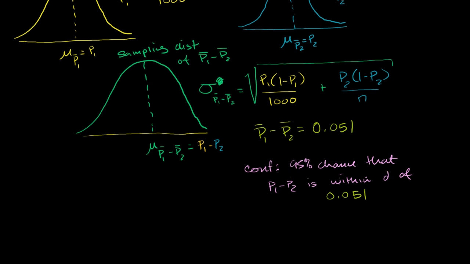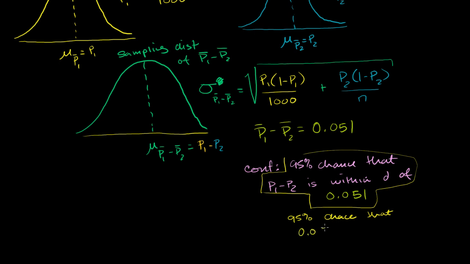If there's a 95% chance that p1 minus p2, the difference of the true proportions, is within d of the difference between our sample proportions, this statement right here is the same thing, that there is a 95% chance that 0.051 is within d of this actual parameter, p1 minus p2, which is the same thing as the mean.